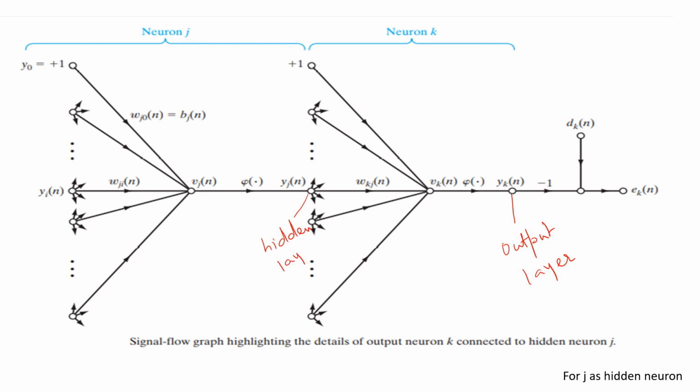The output of this jth neuron is an activation function of the weighted sum at this jth neuron. This is my weighted sum. So Vj represents the weighted sum, and yj represents the output of this particular neuron.